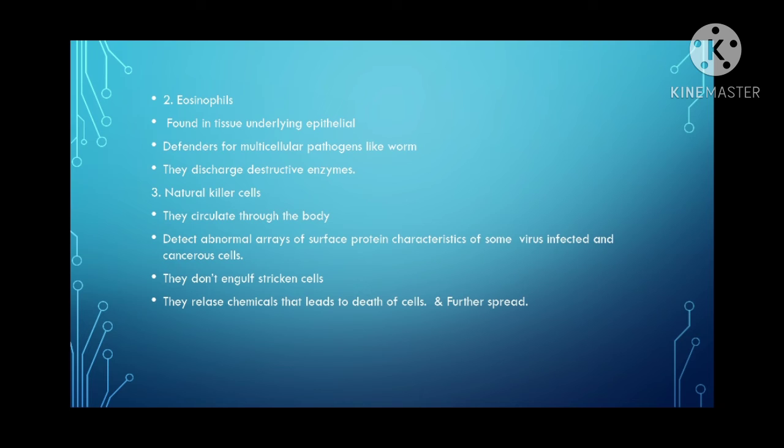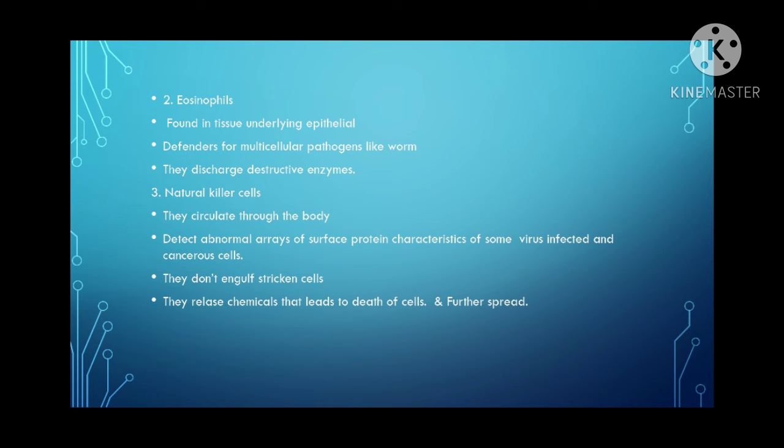They detect abnormal display of proteins characteristic of some virus-infected or cancerous cells. Okay, they do not engulf such cells. They have another mechanism by which they deal with the cell. They release chemicals that lead to the death of the cell and prevent further spread of cancerous or virus-infected cells.